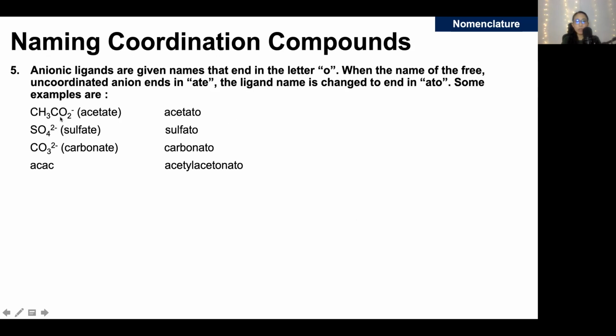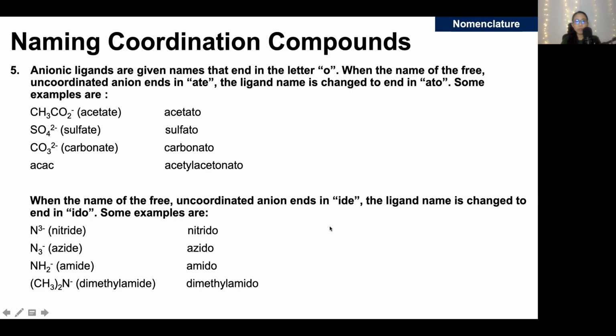So we've seen, for example, acetate, its ligand name is acetato, sulfate is sulfato, carbonate, carbonato. And this one is an abbreviation. So this is acetylacetonate. Its name as a ligand is acetylacetonato.